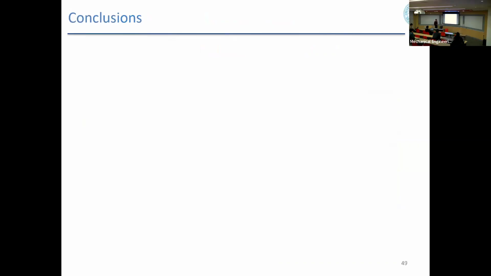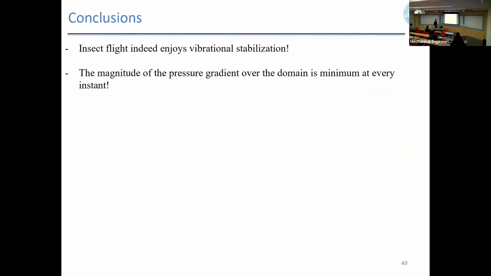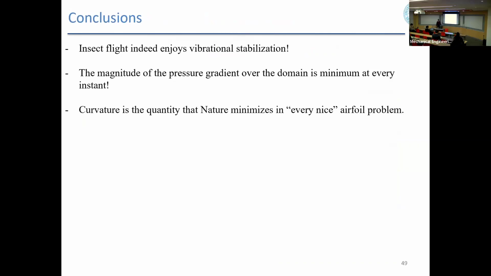So, conclusions. Insect flight indeed enjoys vibrational stabilization. And here is the principle that we derived, the principle of minimum pressure gradient, that states that the magnitude of the pressure gradient force over the domain must be minimum at every instant of time. And when we apply this to the airfoil, we discover that curvature is the quantity that nature minimizes in every attached airfoil problem.